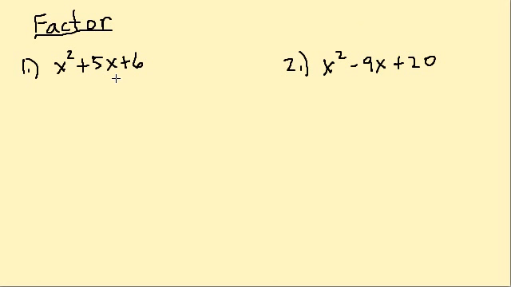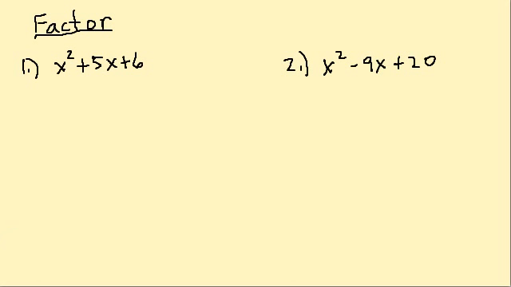Now, when I factor a trinomial, I want to find two numbers that will multiply to give me the last number, this 6 here, but will also add together to give me this positive 5. So I'm going to list the factors of this last number.